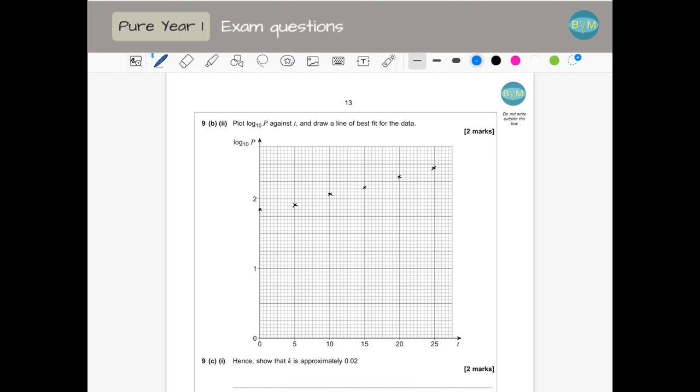And now we do a line of best fit. It doesn't need to be perfect. It could be slightly different for everyone. Roughly something like that.